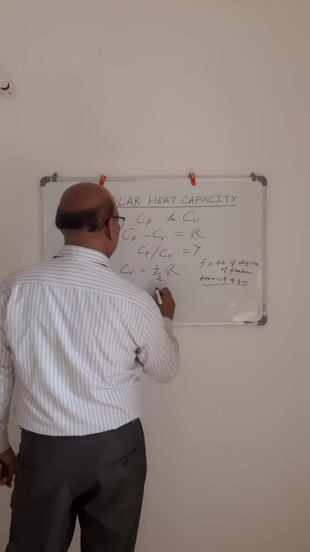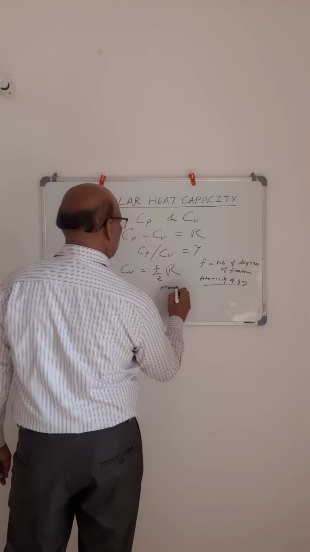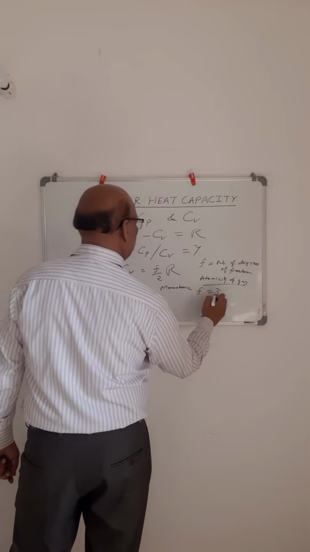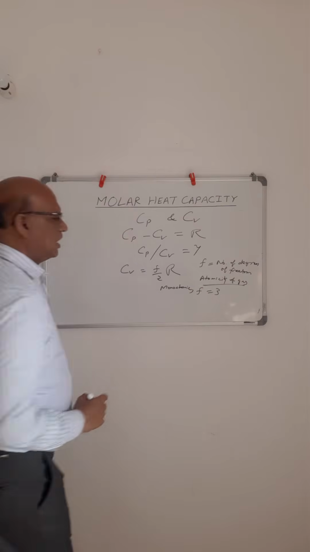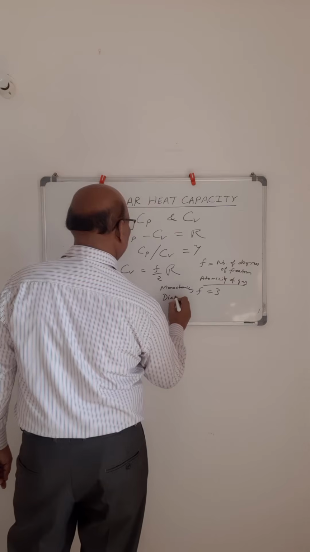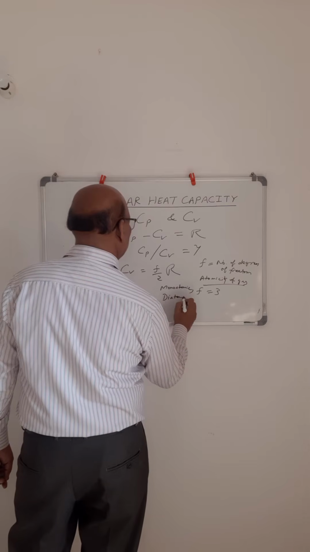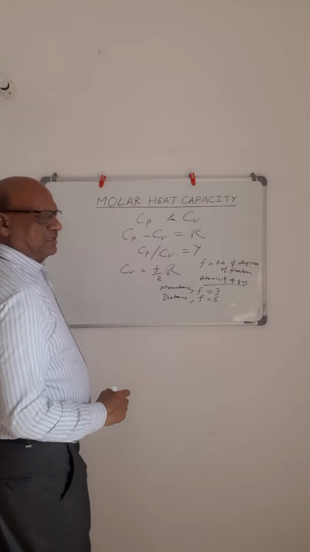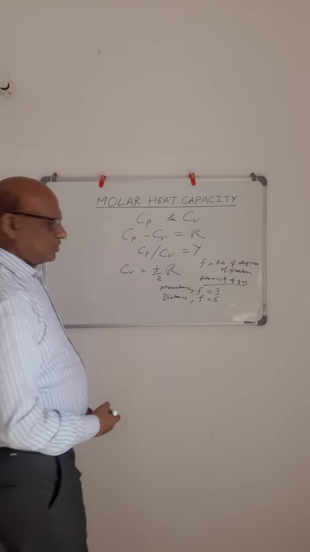If it is a monoatomic gas, then the degrees of freedom is 3, that is all 3 are translational. If it is a diatomic gas, then the degrees of freedom is 5, that is 3 translational plus 2 rotational.